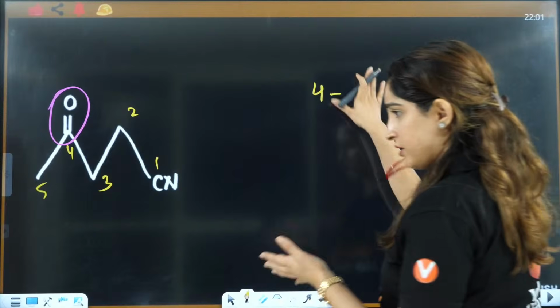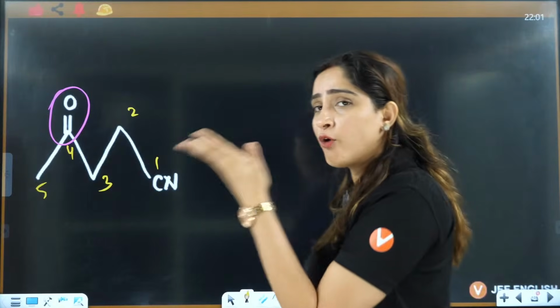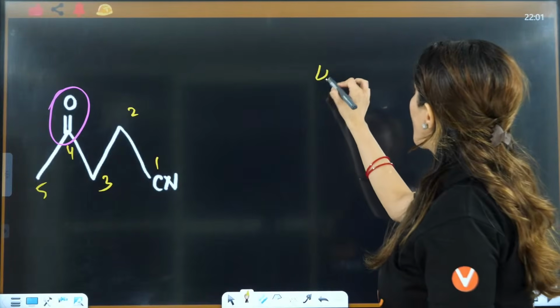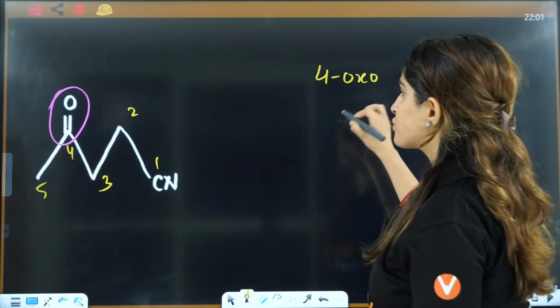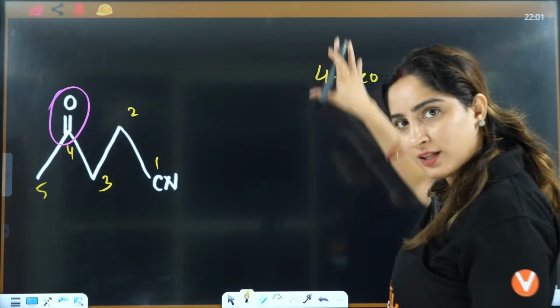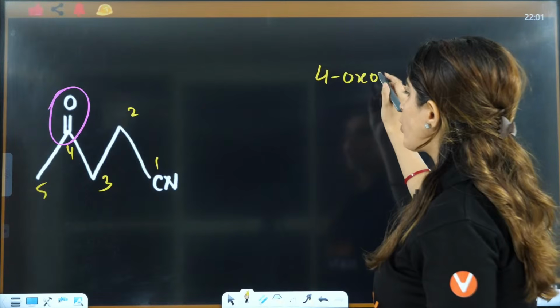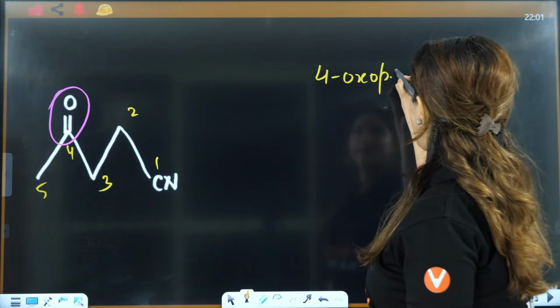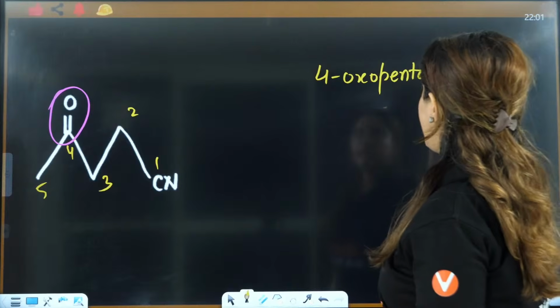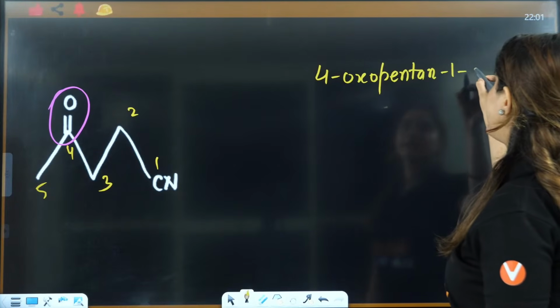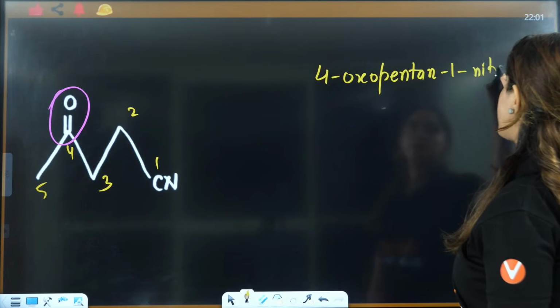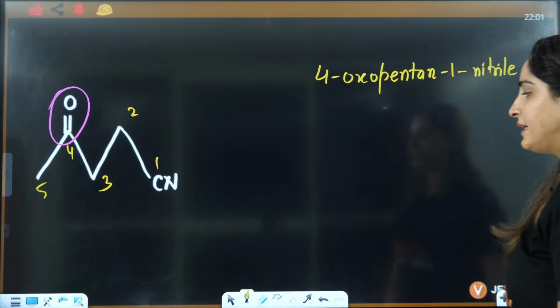But if Guru is saying, ma'am, how will I define whether it's oxo or keto? Let's say you have written oxo here. I'll just draw the structure from the name. 4 oxo, this is pentane, and on 1 you have nitrile. Pentane 1 nitrile.